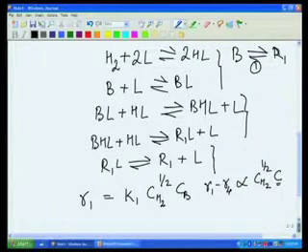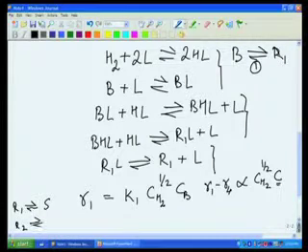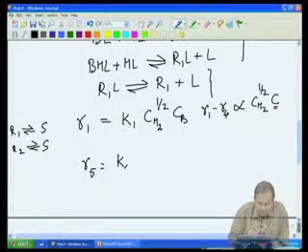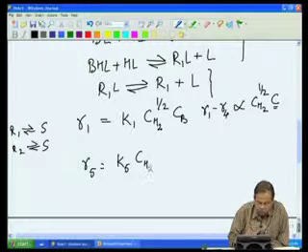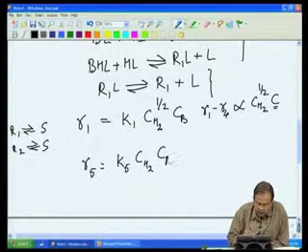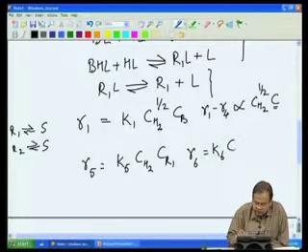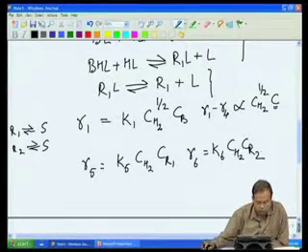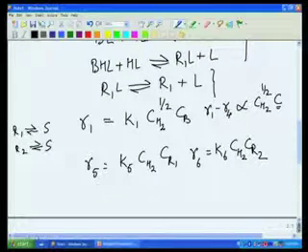So, if you consider reactions 5 and 6, which were namely R1 to S and R2 to S, we will get rate R5, for example, being equal to K5 hydrogen concentration into CR1, and similarly R6 as K6 C hydrogen into Cr2 for these two reactions.